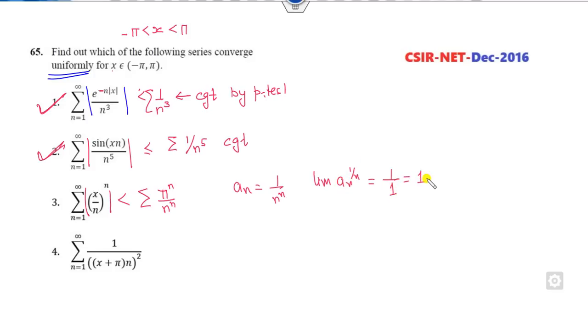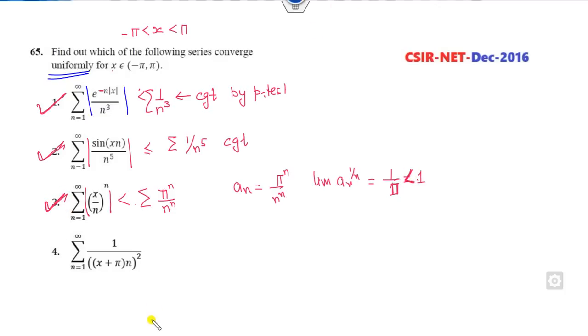So you can't say whether it's convergent or divergent because equality appears. So how can you say whether this is convergent or not? You can see here this is my a n, complete. If I take this number, this is pi. So 1 over pi is less than 1. So it is convergent.